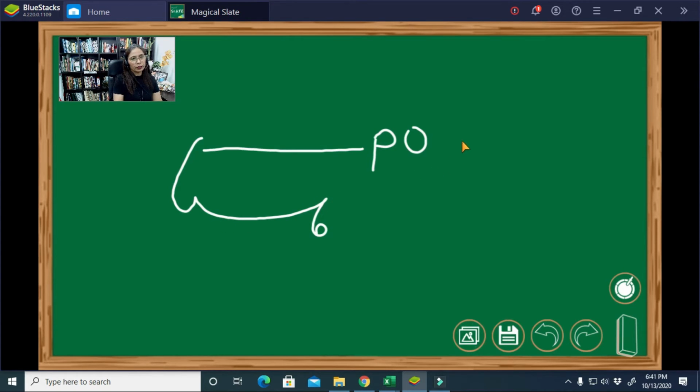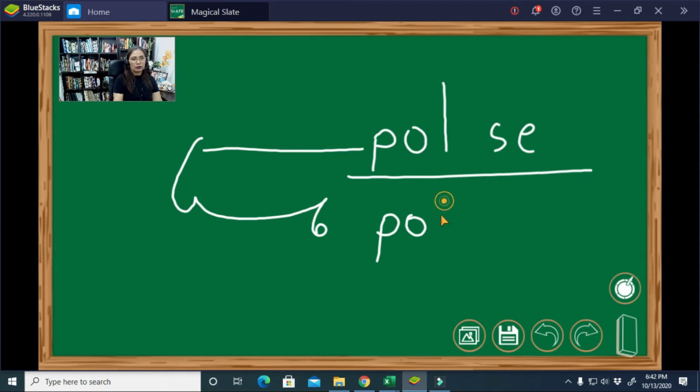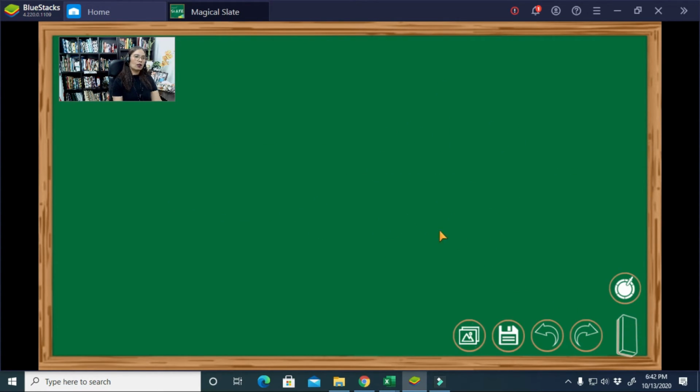The long forward curve, it's letter L, right? And then we do have the sounds of S. Yes. And then we do have the small circle is a letter E. Very good. Now, how do we read the letter sound? Now, okay. The word is policy. Policy. There. All right.